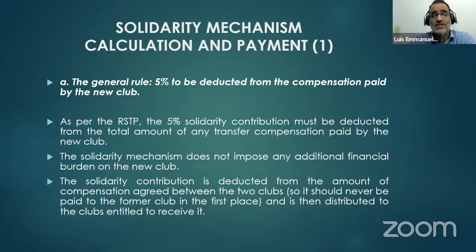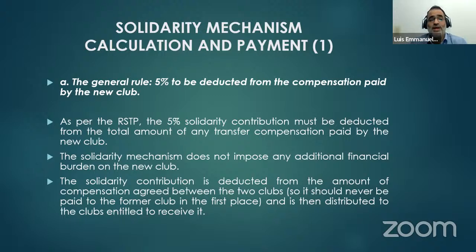The solidarity mechanism does not impose any additional financial burden on the new club. The solidarity contribution is deducted from the amount of compensation agreed between the two clubs, and then it is distributed to the clubs entitled to receive it.